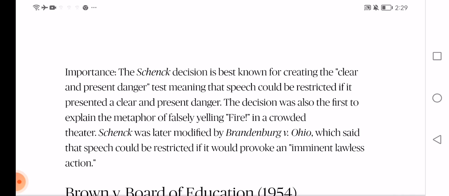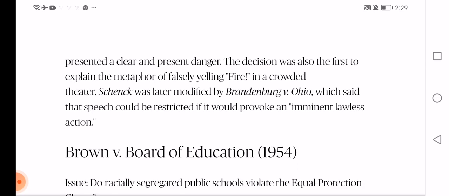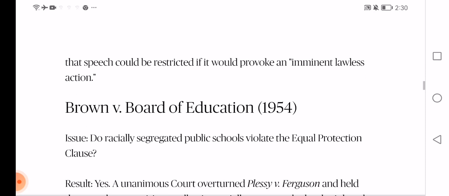The decision was also the first to use the metaphor of falsely yelling fire in a crowded theater. Schenck was later modified by Brandenburg v. Ohio, which said speech could be restricted if it would provoke immediate lawless action.